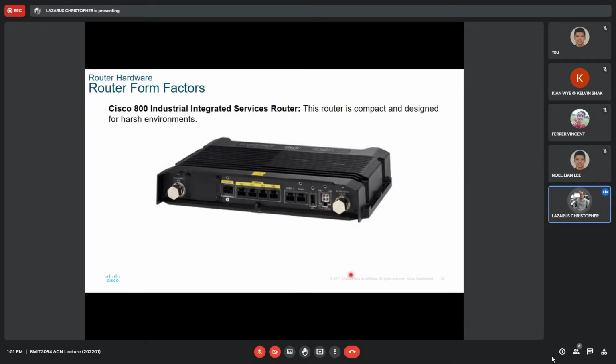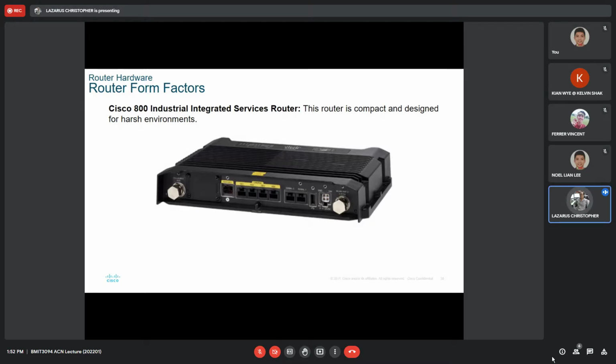You can see that there are different models catering for different features and functionalities, from small offices, small enterprises, maybe branch campus, until the large enterprises, catering for hundreds of users, to service providers, where they cater for thousands of users, right? So that includes switches and routers.